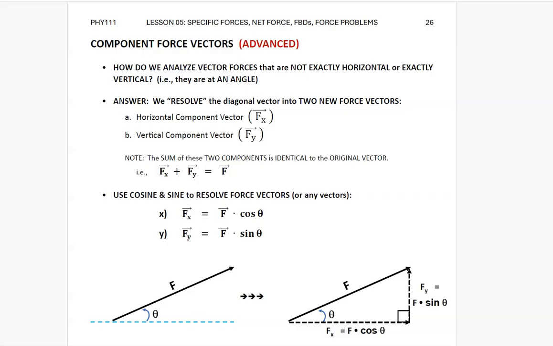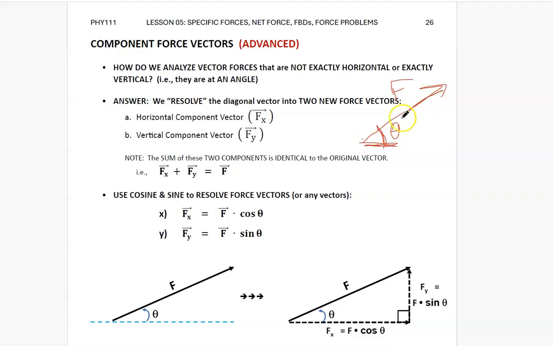That means that if you have some vector that's pointing at an angle, say here, say that's the force vector, it's not exactly horizontal, it's not exactly vertical, however, it is sitting above the horizon by some angle. And we use the Greek letter theta, the lowercase theta, to represent angles.